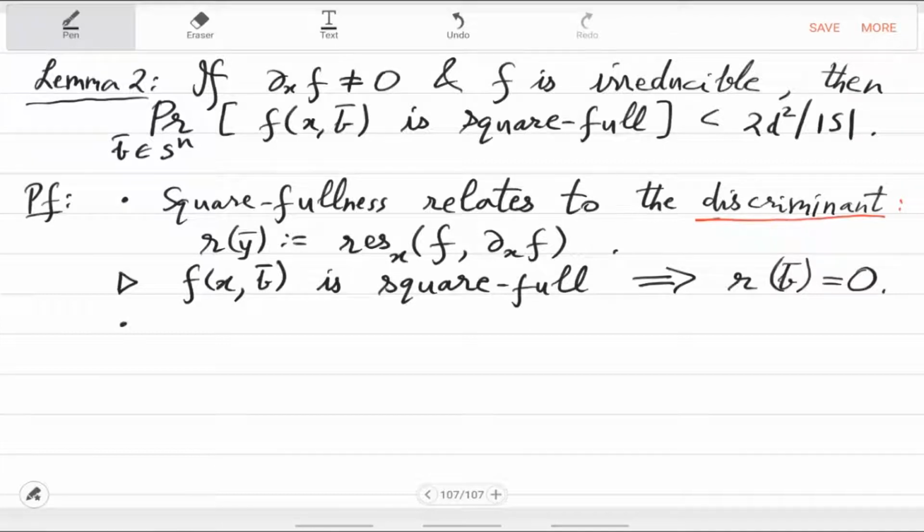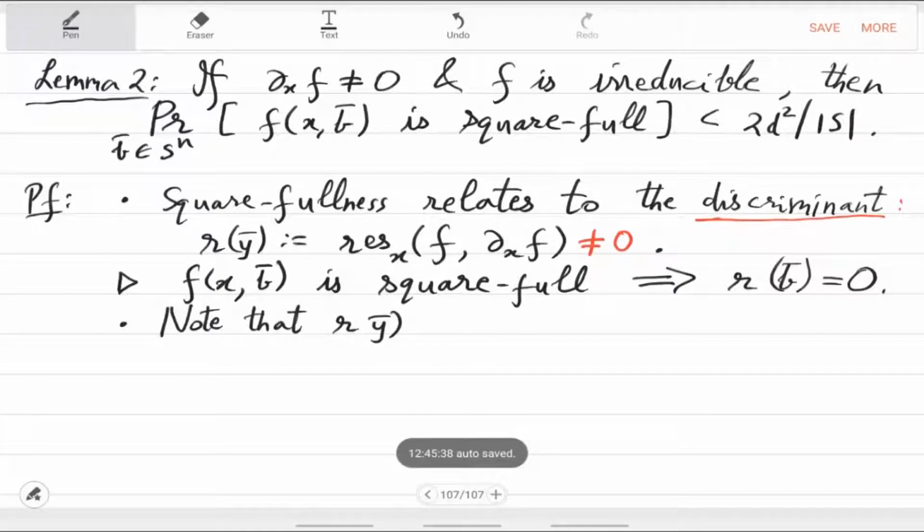First note that the resultant is non-zero. Why is it non-zero? It is non-zero because you have assumed that the derivative was non-zero, and f obviously is non-zero. Also, f depends on x and it's almost monic.